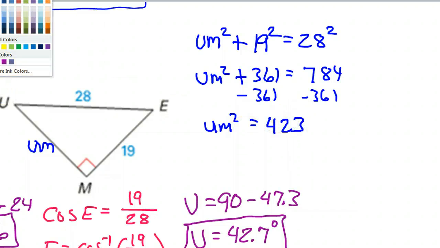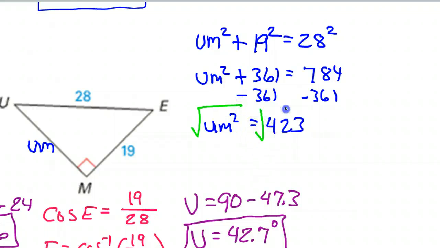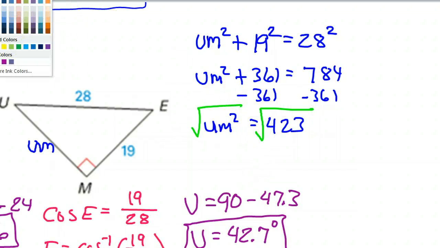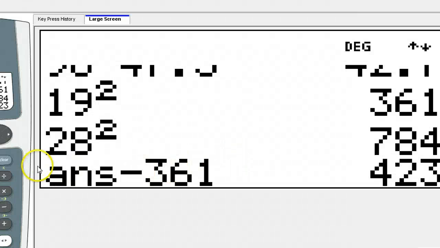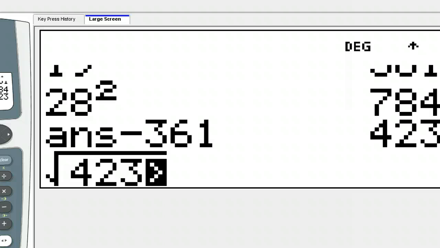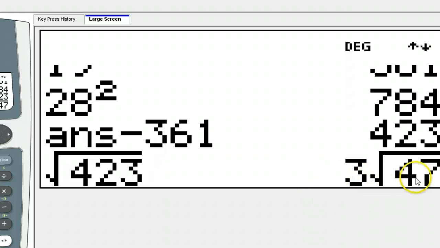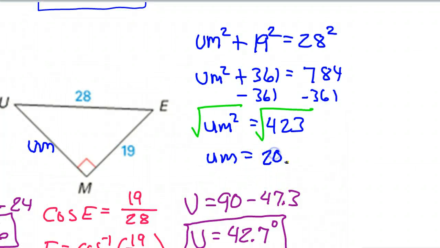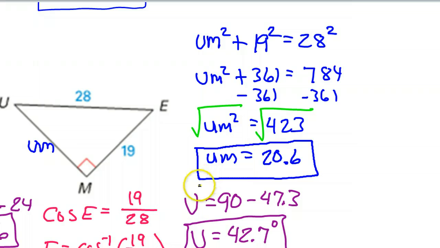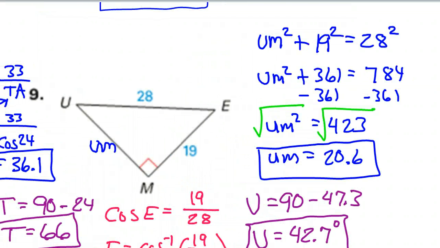Of course, now I will take the square root of both sides. Square root of 423. Interesting, 3 radical 47, but we're doing decimals right now. So 20.6. And that is it for number 9.